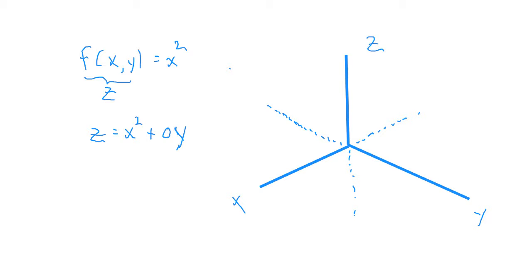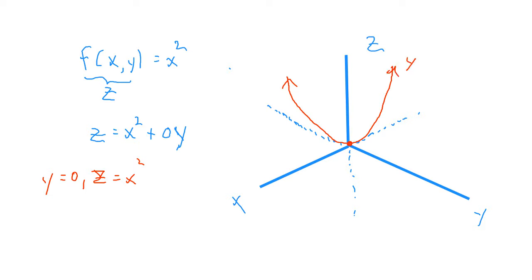Now, let's say that y was equal to 0 and z was equal to x squared. If y equals 0, that's going to put us right here. And z equals x squared would be this parabola.